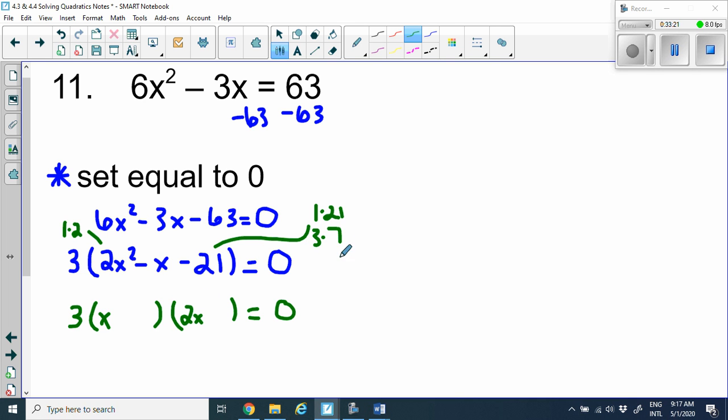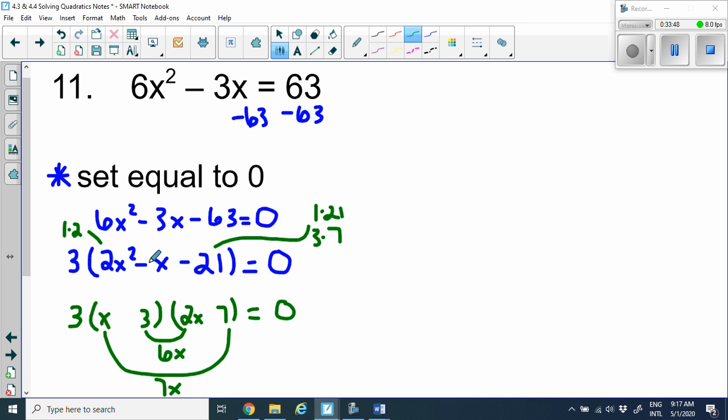Now I have to see which pair works to add up to our middle term of negative 1x. Let's try 3 and 7. So I'm going to do 3 times 2x, that gives me 6x, and x times 7, that gives me 7x. Now if I added or subtracted, I am able to get a negative x.